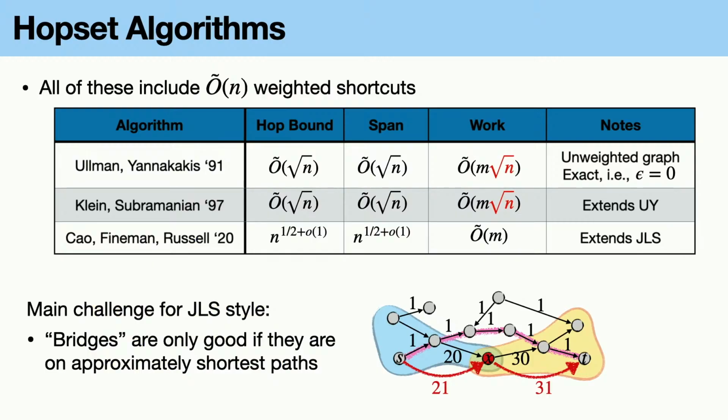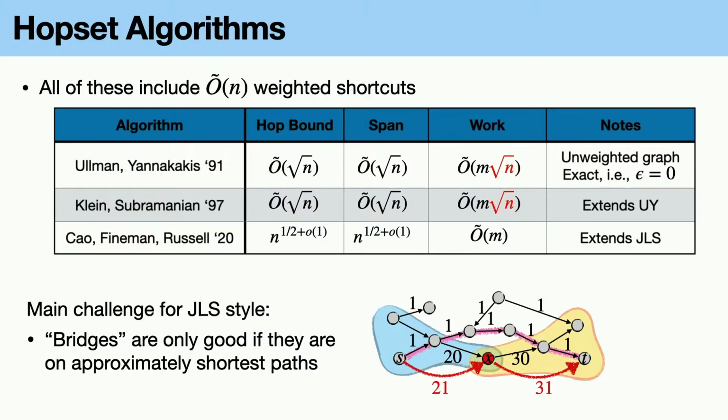So what are good hopset algorithms? Again, I'm only focusing on the algorithms that use a linear number of shortcuts. I've already shown you that you can make Ullman-Yannakakis give you a hop bound of square root of n with m times square root of n work, but it only works for unweighted graphs, although it does give you exact distances. So we have an exact hopset in this case.